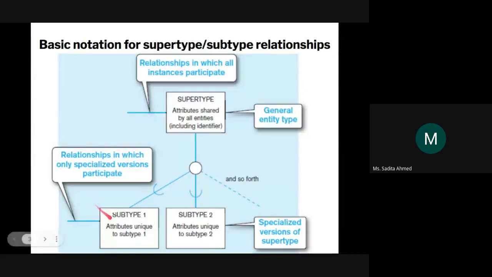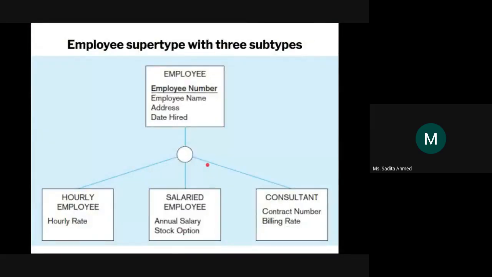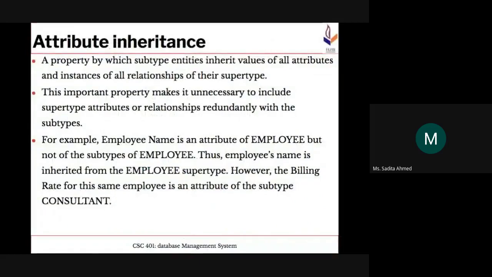Similarly, if subtype 1 has a unique relationship, the relationship line will be connected only to subtype 1, right? This is actually not even the complete notation. This is just to give you the basic idea. You will see that we will add more things into these as we talk about more ideas within the category of EERD or supertype subtype.